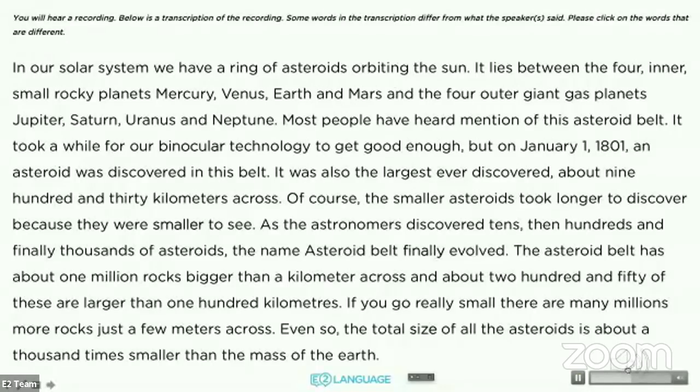Of course, the smaller asteroids took longer to discover because they were harder to see. As the astronomers discovered tens, then hundreds, and finally thousands of asteroids, the name asteroid belt gradually evolved. The asteroid belt has about 1 million rocks bigger than a kilometre across, and about 250 of these are larger than 100 kilometres. If you go really small, there are many millions more rocks just a few metres across. Even so, the total mass of all the asteroids is about 1,000 times smaller than the mass of the Earth.